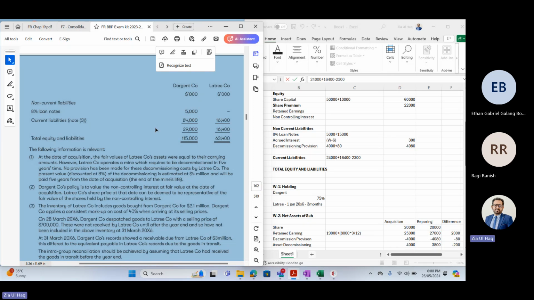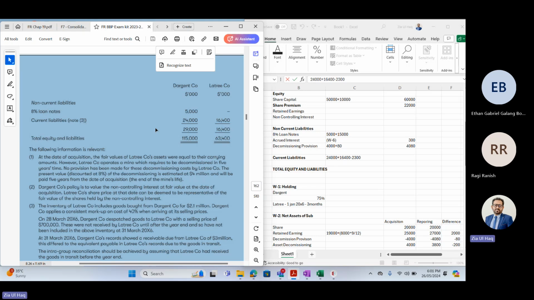What's the accounting entry for goods in transit and cash in transit? In the previous class, we recorded this accounting entry: cash debit, receivable credit, if there is cash in transit.